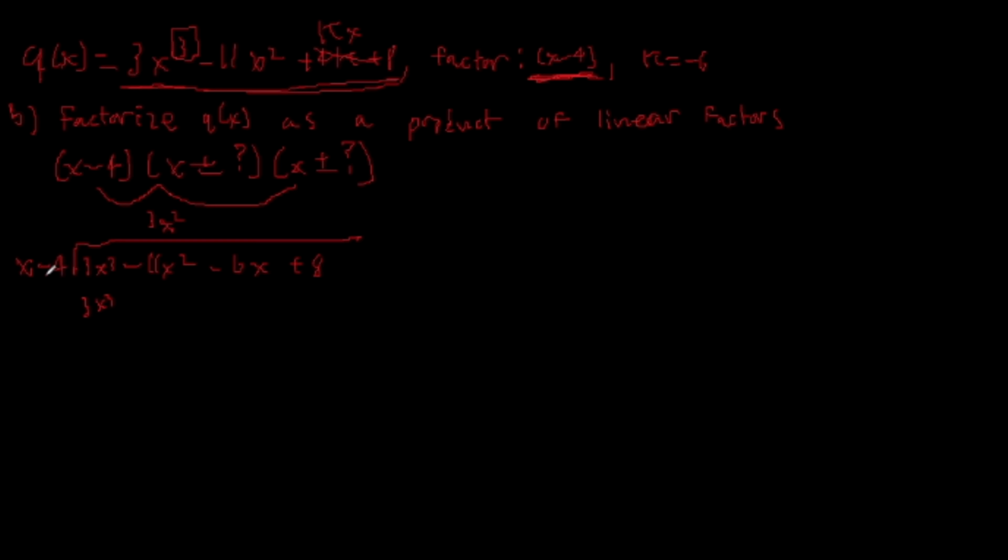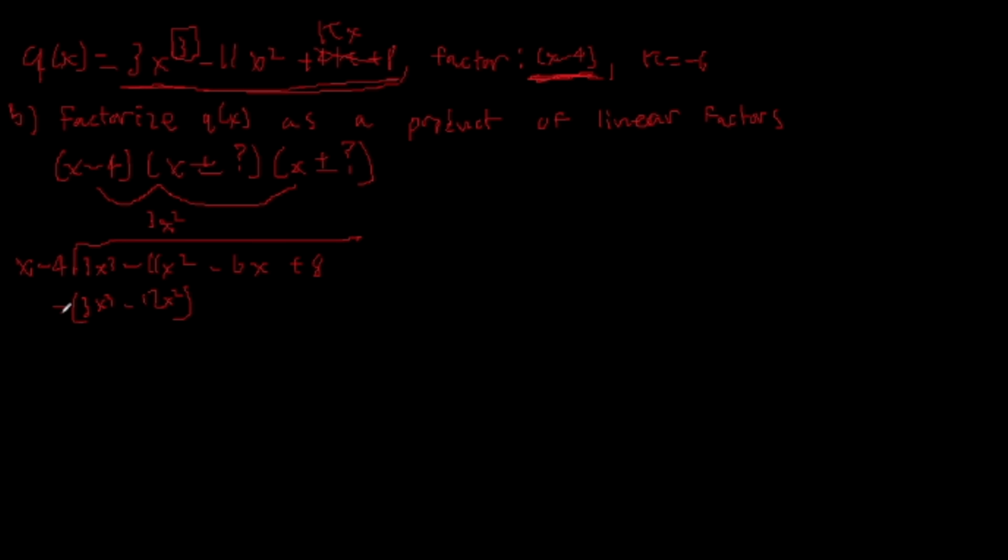And we also multiply the negative 4 by the 3x squared, so we have negative 12x squared. And all of this, because we're subtracting, will be multiplied by a negative, so it'll actually be negative 3x cubed plus 12x squared.